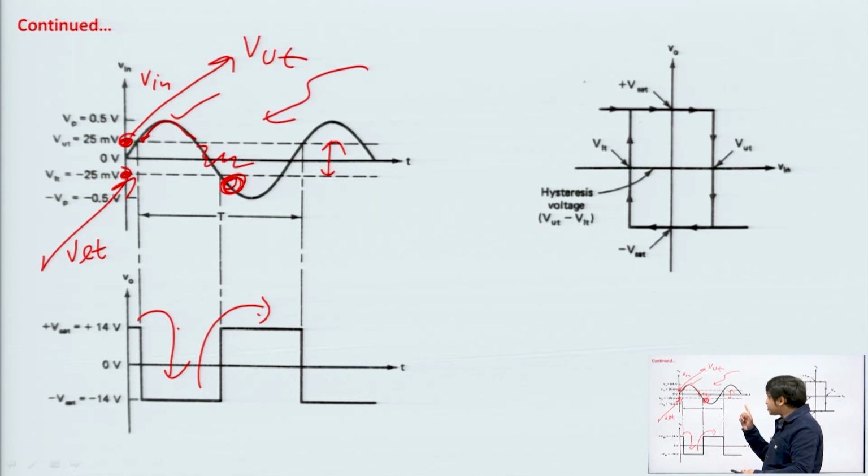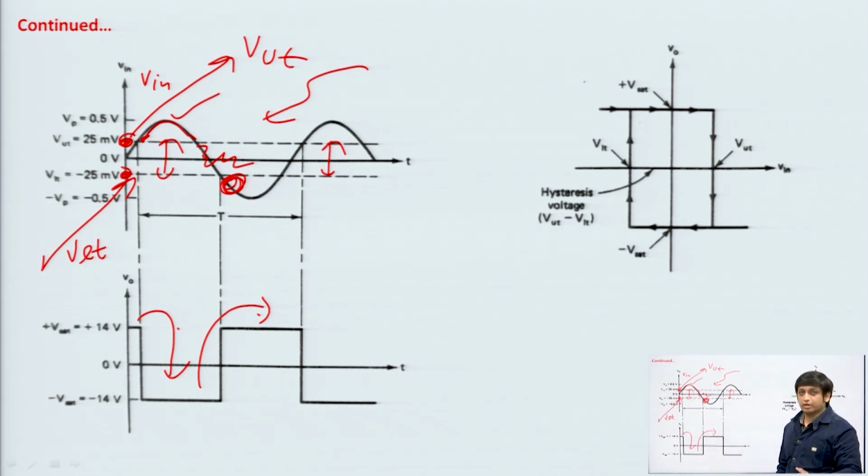But in the Schmitt trigger, if the noise voltage is such that the input signal stays in between VUT and VLT, then your output will not change. The effect of noise in the Schmitt trigger is very less, because whenever the input signal is in between VUT and VLT, the output will not get switched. That is a good thing.